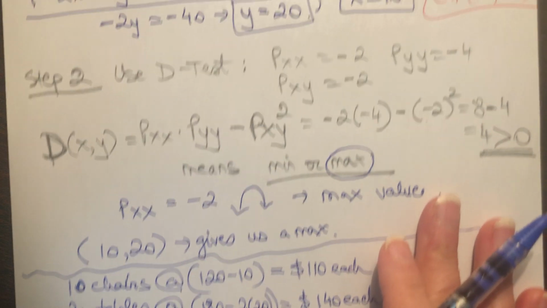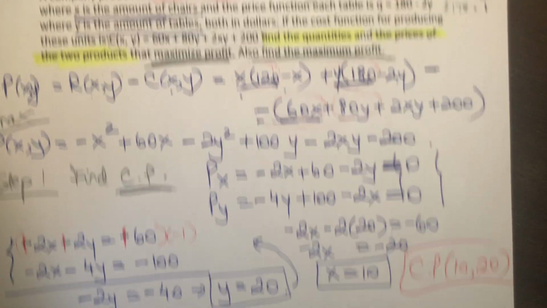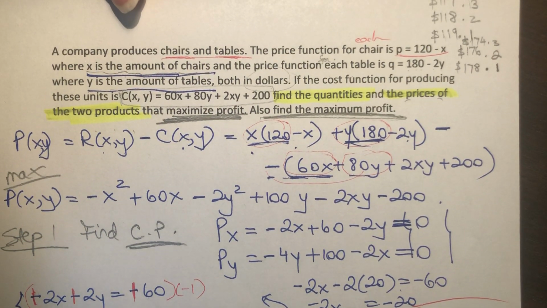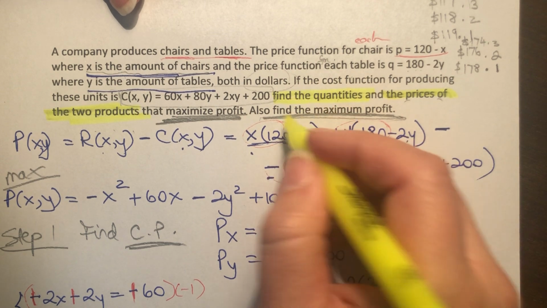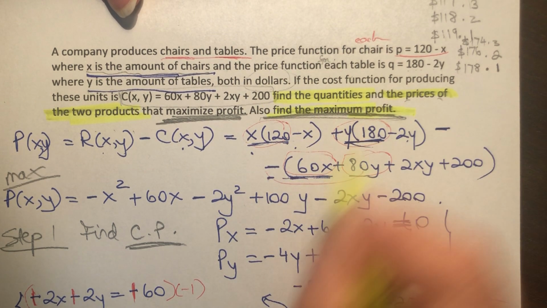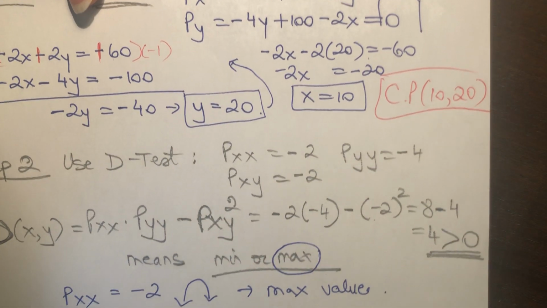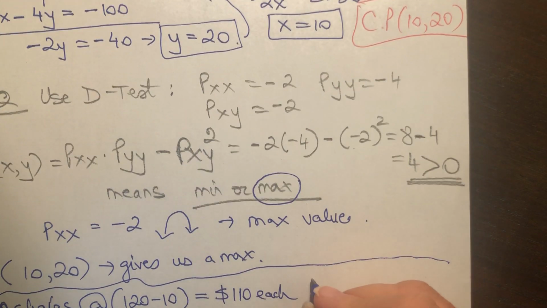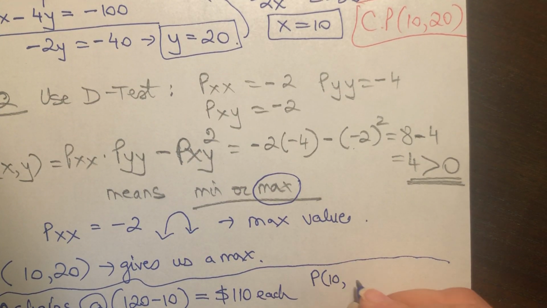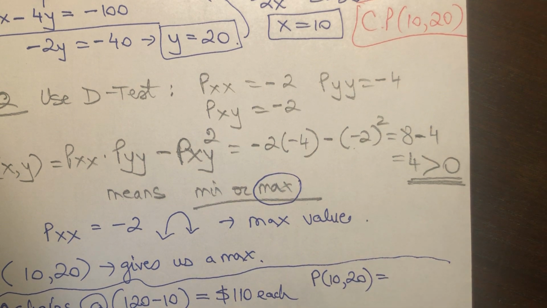And it says also, sorry about going back, but you have the whole page in front of you, so also find the maximum profit. So now let's plug these values into the profit function and see what we get.